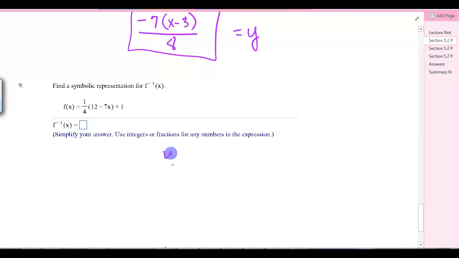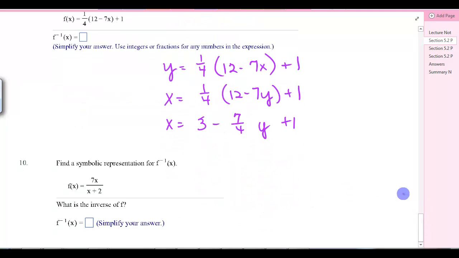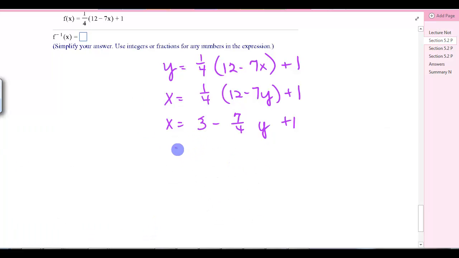All right, so we have y equals 1/4 of (12 minus 7x) plus 1. Switch out. So x is 3 minus 7/4 y plus 1. All right, so x is 4 minus 7/4 y.